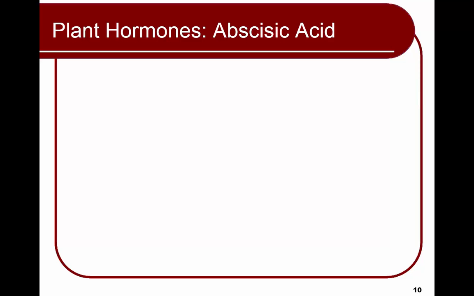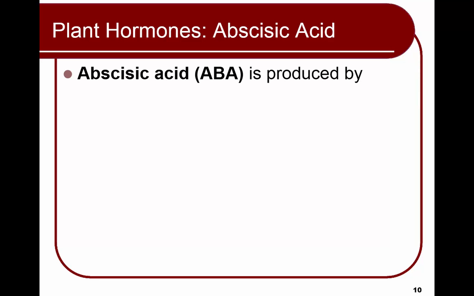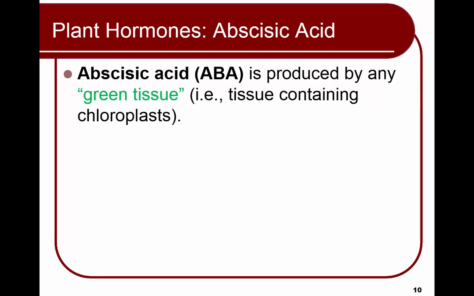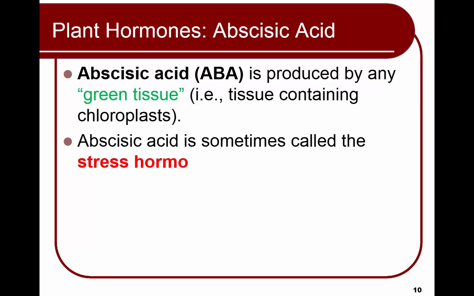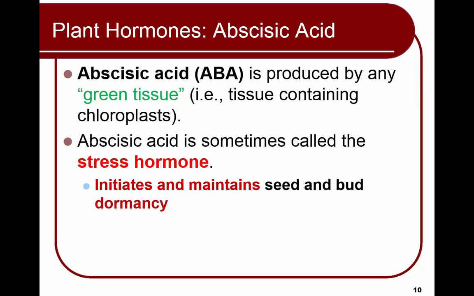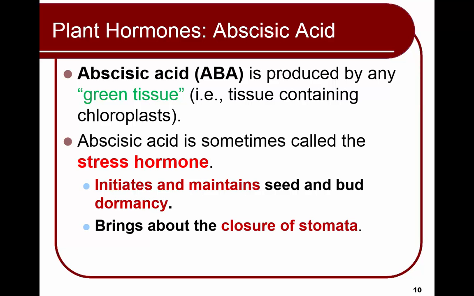Abscisic acid is another one, and it's also called ABA, and it's made by any part of the plant that has chloroplasts, that's green tissue. Sometimes we call it the stress hormone because it will cause seed and bud dormancy and make it last. It will cause the stomata to close.